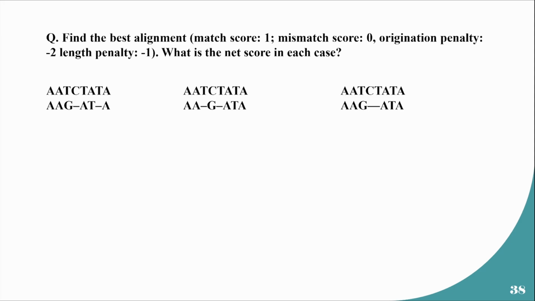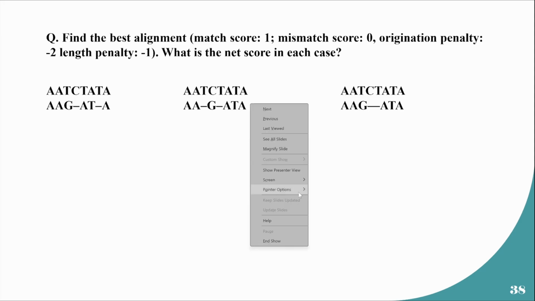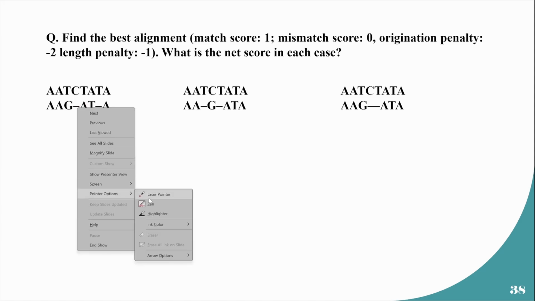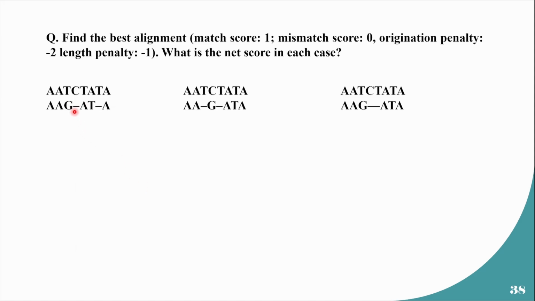So again, that is because the origination penalty is basically if you have a new gap introduced at a particular point, so that will provide a score towards an origination penalty. Because generally what happens is that throughout evolution, if a gap is introduced at some part, another gap present just after the previous one is less unfavorable than if another gap was introduced after a stretch of matches or mismatches.